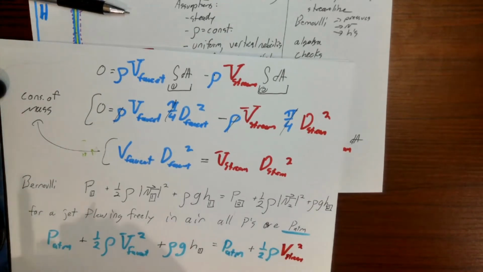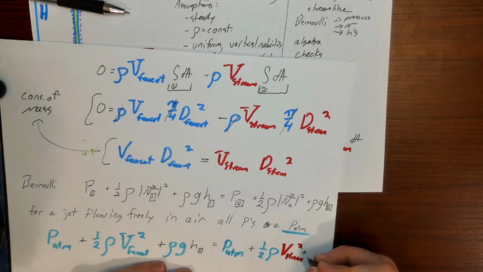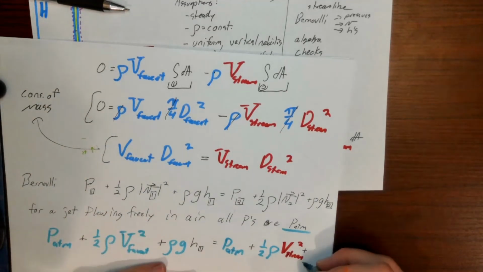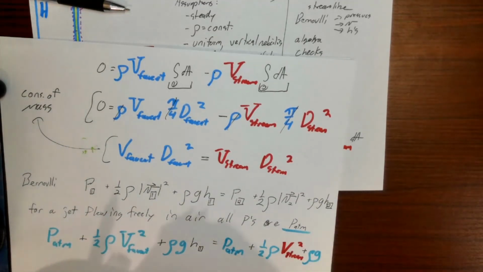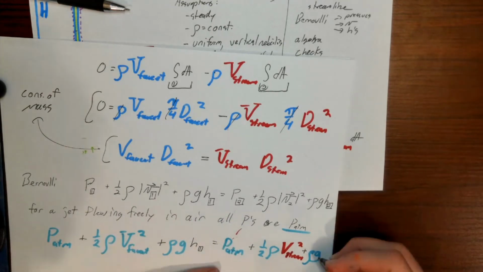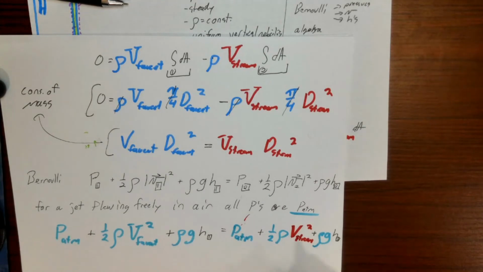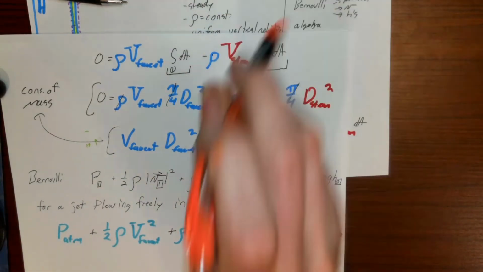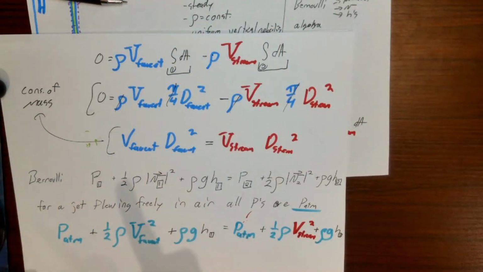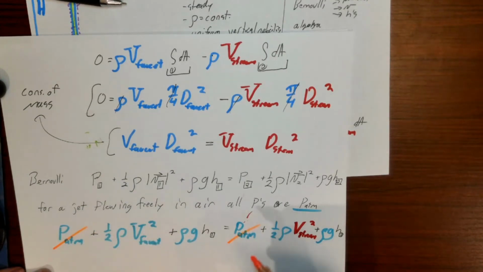So that's squared. And then we have plus rho g, and I'll leave h2 as something yet to be dealt with. All right, so what does this mean? Well, we can just cancel atmospheric pressure from both sides, and we have something that we can deal with.